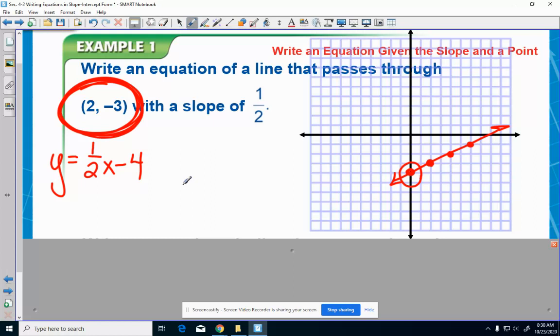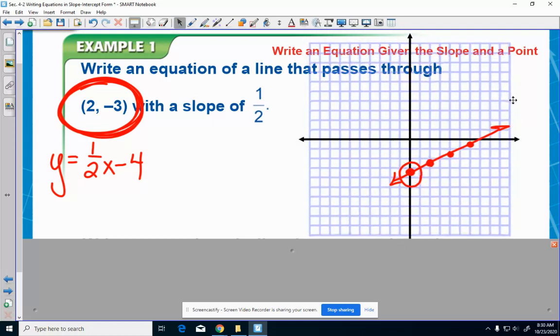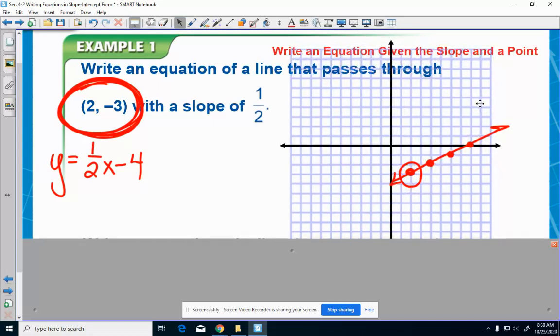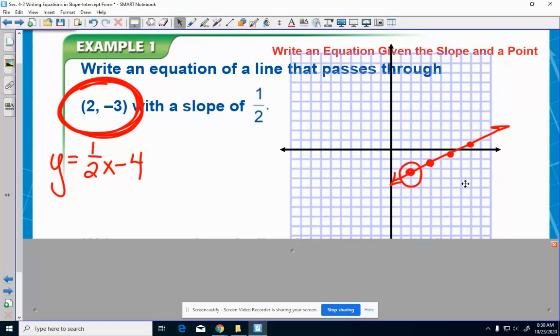Okay, if you had your computer with you, obviously you could go that route. What if you graph it, and when you're done graphing it, let's say it crosses, but it's not at a whole value. What does that tell you?